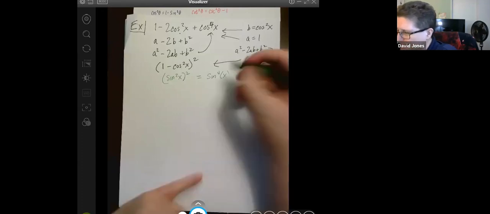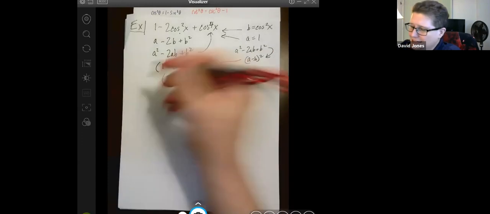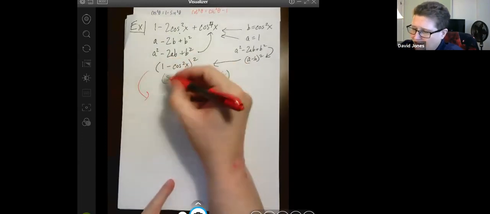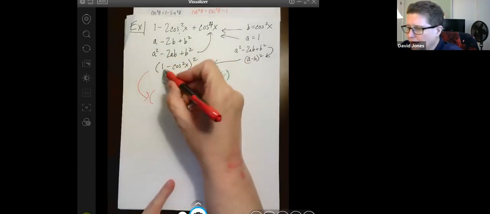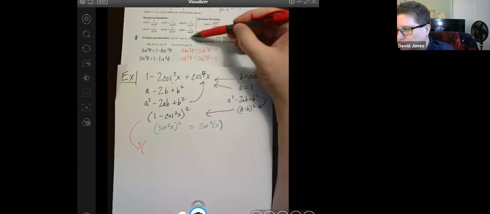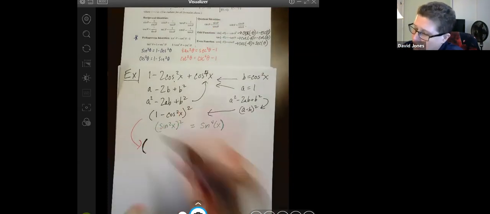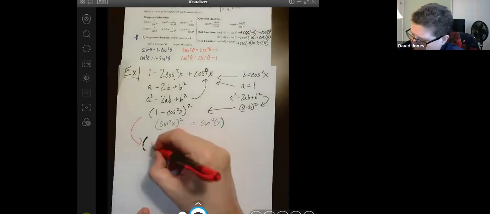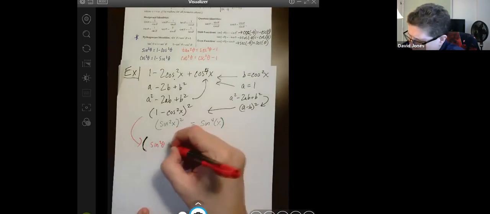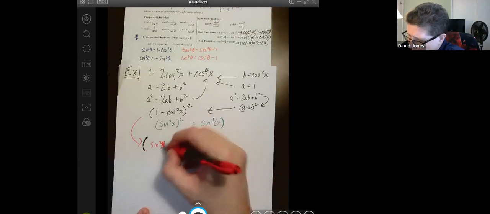If you don't recognize it right there, I've seen this done another way. Rather than that, replace the 1 using sine squared plus cosine squared equals 1. So I'll just replace the 1 in red. I guess it's x, so I better put x back in.